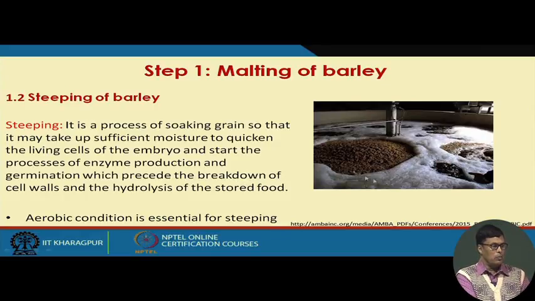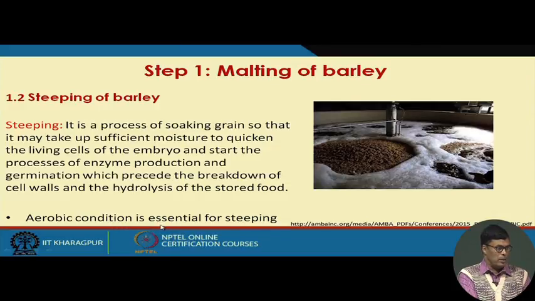Now the steeping process looks like this. You soak in the water. You can see how it is there. It is a process of soaking barley grains so that they take up sufficient moisture to quicken the living cells of the embryo and start the process of enzyme production and germination, which precedes the breakdown of the cell wall and hydrolysis of the stored food.